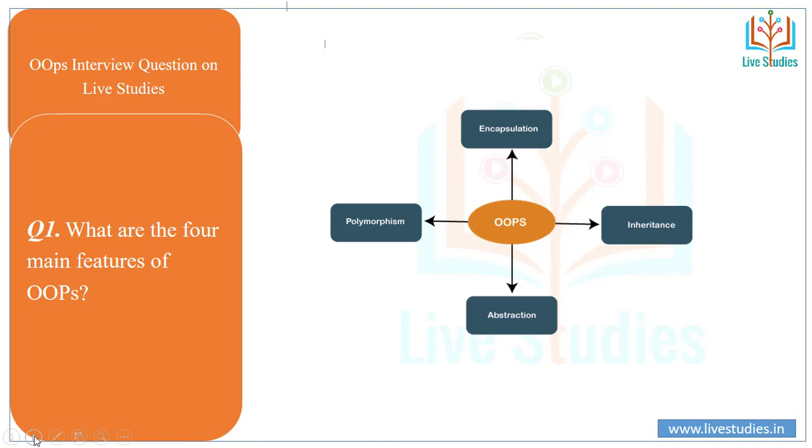Another point is encapsulation. Encapsulation means the binding of data and the corresponding methods into a single unit. The best example is creating setter and getter methods, both are binding data.